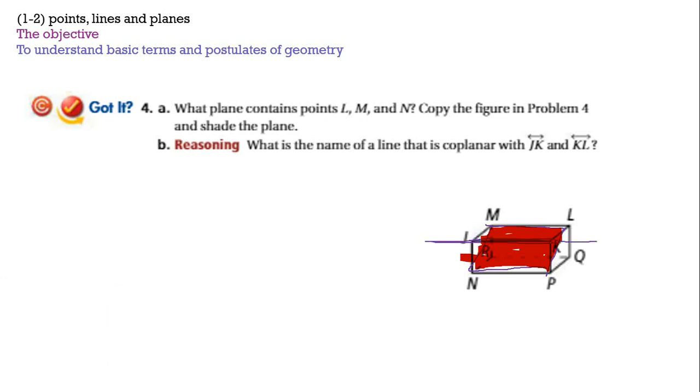And KL. So the name of a line that is coplanar with this one is JM. So that is the answer. That is JM.